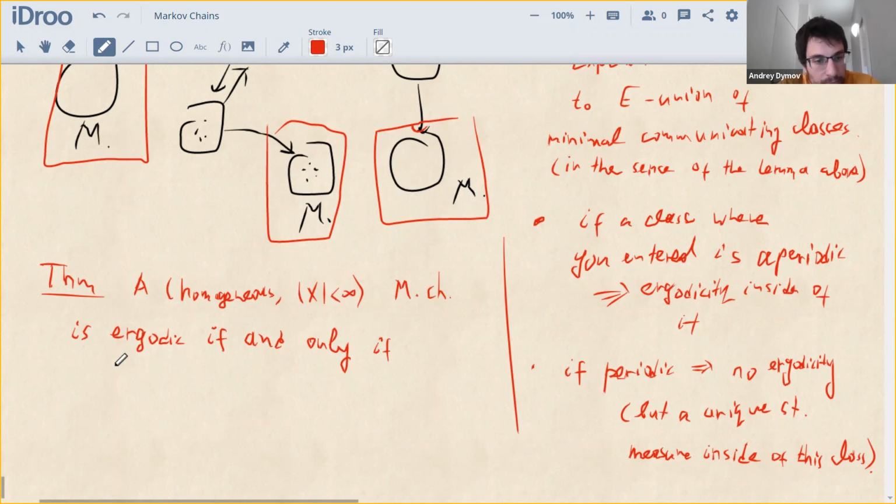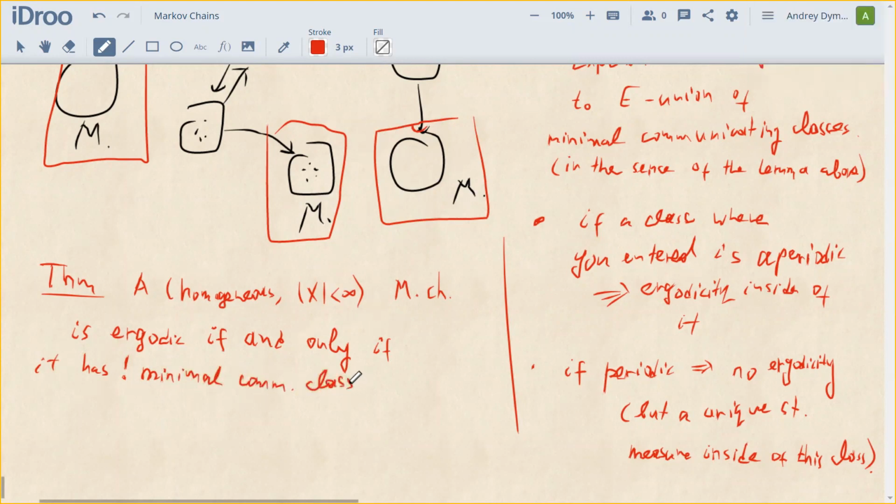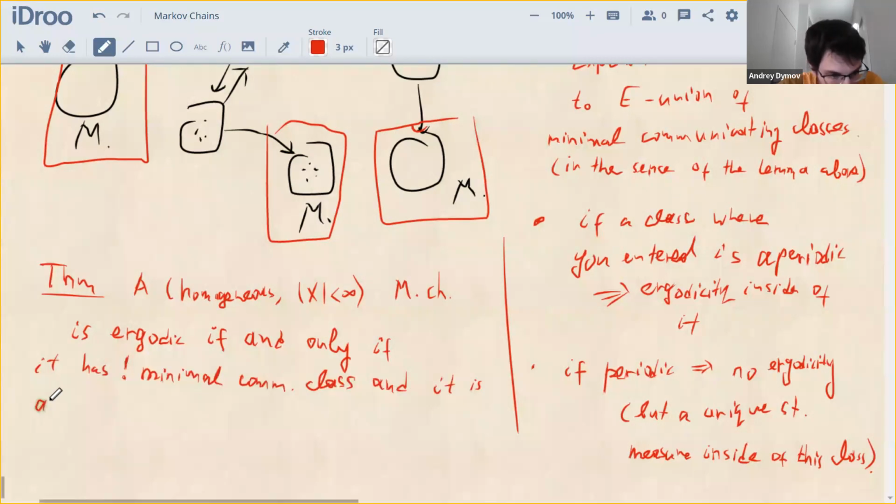So if and only if it has a unique minimal communicating class, and it is aperiodic. Yes, exactly, and it is aperiodic.